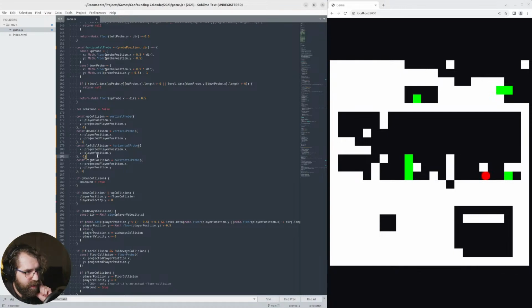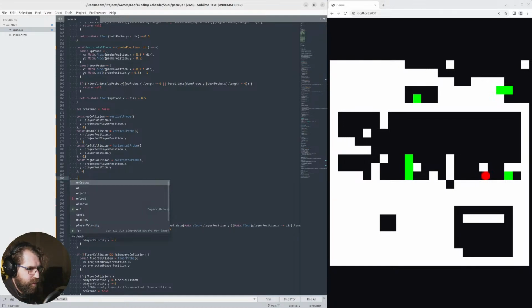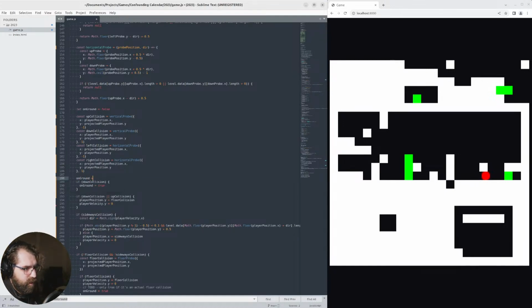So this is the one that I definitely can do in only one direction, because it doesn't have the same stuff going on as the other stuff. Well, that's silly, isn't it? Why don't I do on ground equals?